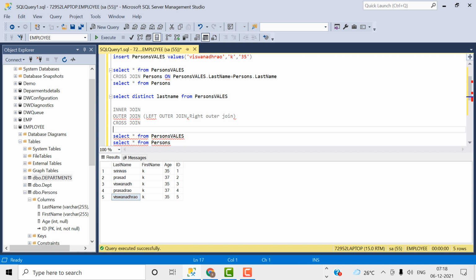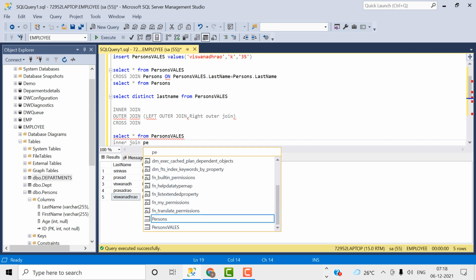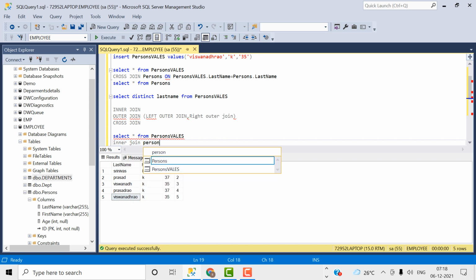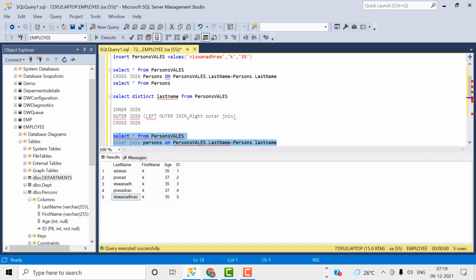If you join the two tables using inner join, on person values dot last name equal to persons dot last name, only the matches come from both tables.